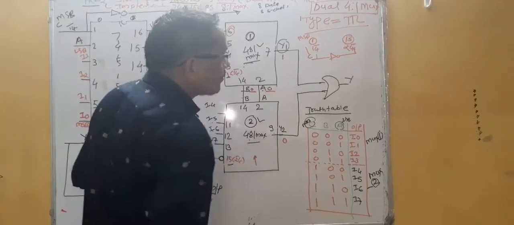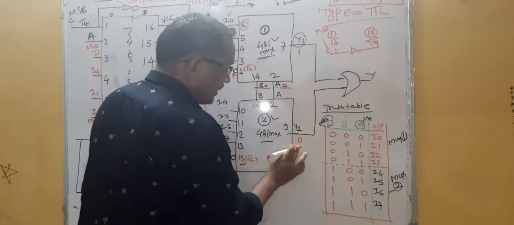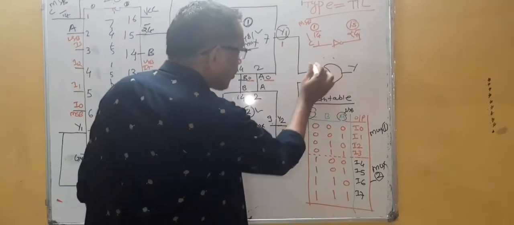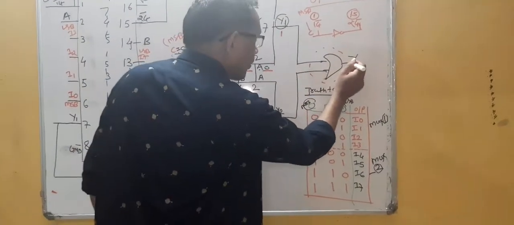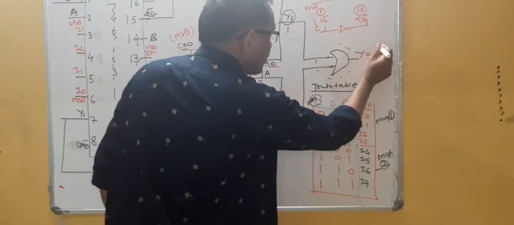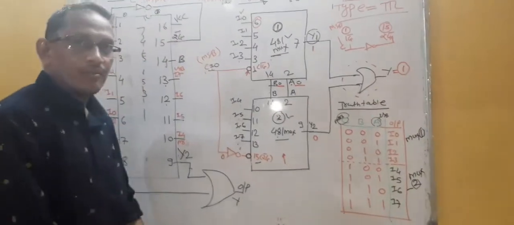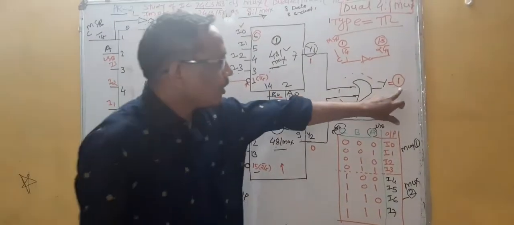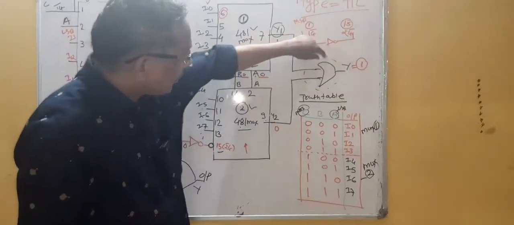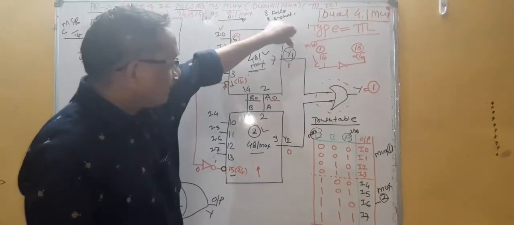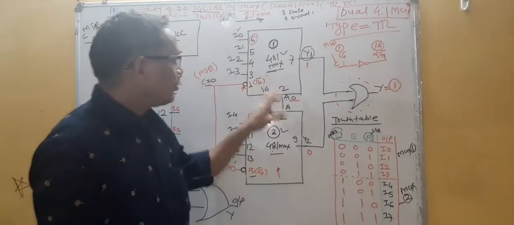I want to always produce a high output. So Y1 is equal to 1 and this is 0. As per the concept of an OR gate, I require an OR gate so that it can always produce output 1, because one input of the OR gate is 1 and the second input is 0. This is your first condition.